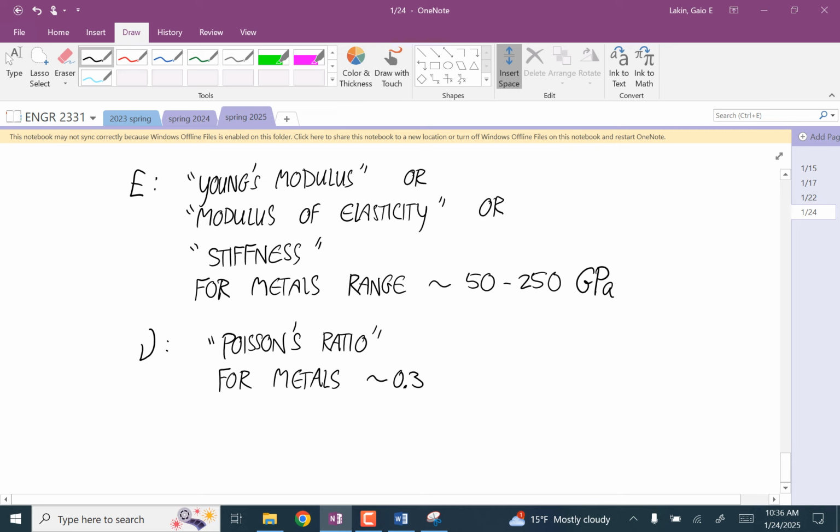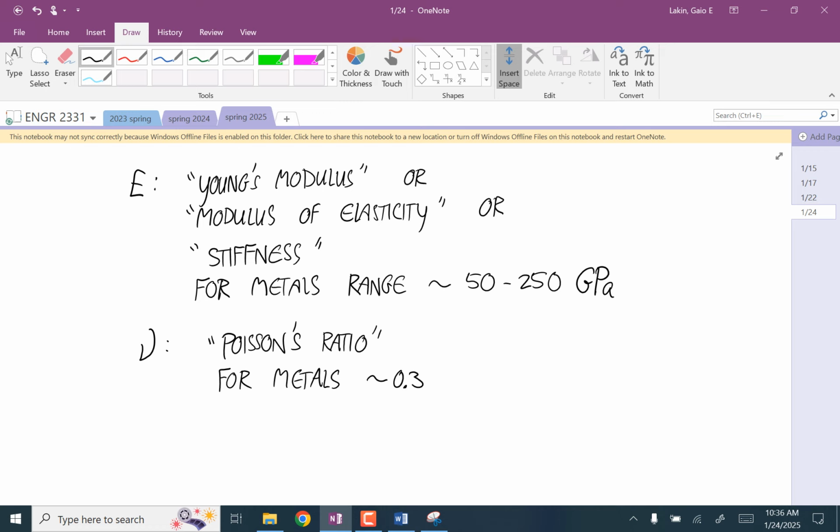And so if you're ever doing something involving metals and you don't know what the Poisson's ratio is, 0.3 is a perfectly good thing to put in there as a guess. And so the Young's modulus tells you the stiffness. The bigger it is, the less the thing stretches for a given amount of load.